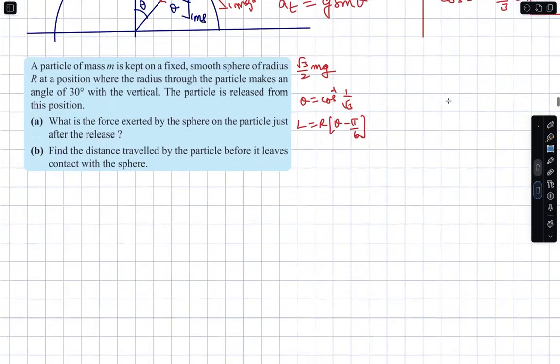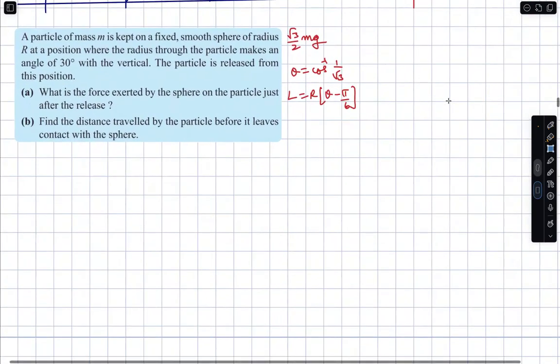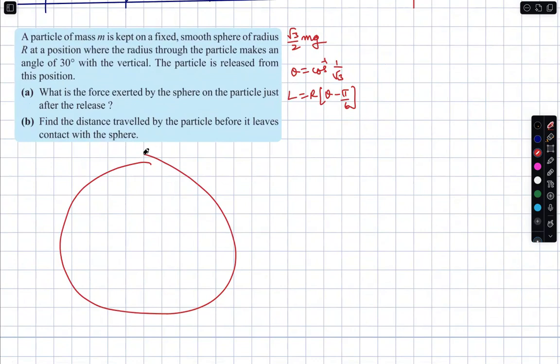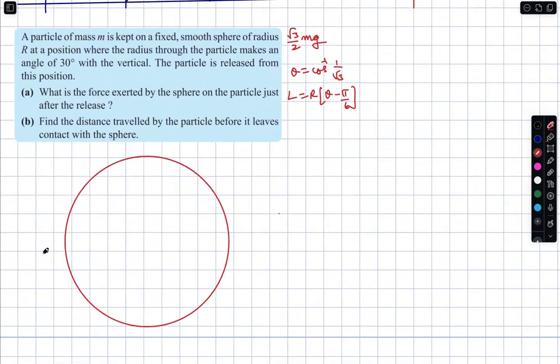Particle M is kept on a fixed smooth sphere of radius R, at a position where the radius through the particle makes an angle of 30 degrees with the vertical. The particle is now released from that position, which means you are released from here.